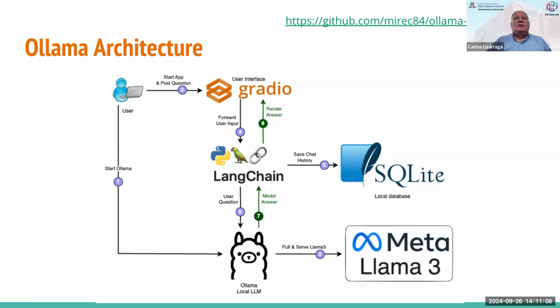And if you want to keep or register some history of your interactions, you can interact with some light database. So that's the architecture, and Ollama is just a part of it. Instead of running your large language model on the cloud with some provider, you can run it on your local infrastructure.